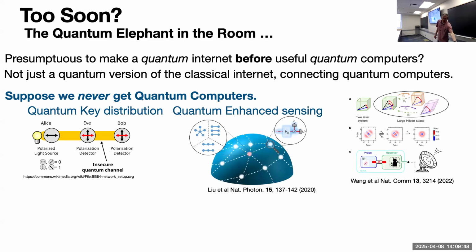One of the things that was talked about, not last seminar, but two seminars ago by Thomas Jennewein, was ways of distributing quantum keys through a satellite-based network. So it's already been demonstrated.